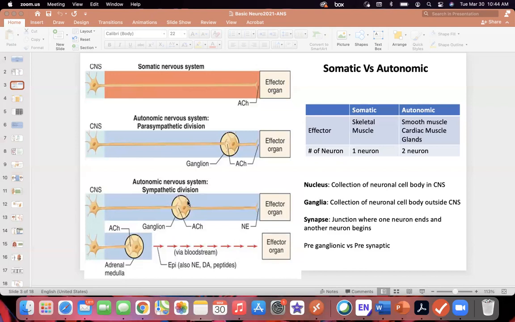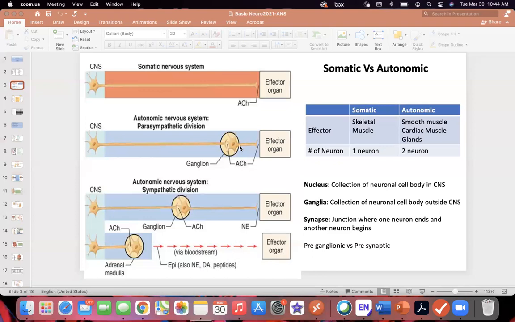Okay, autonomic is again divided into two components, the parasympathetic division and the sympathetic division. Look at this one. In this case, the postsynaptic neuron is long. This second neuron, because here is the ganglia, right? This neuron is after the ganglia.